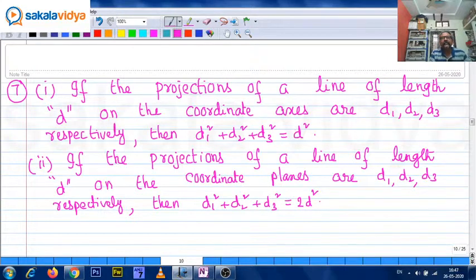In the examination, this length d will be given and you are asked to find d1 square plus d2 square plus d3 square. But we need to remember whether it is projections on the coordinate axis or on the coordinate planes. This is important, so you need to concentrate on this one. Coordinate axis means simply d square you will get. Coordinate planes means 2 times d square you will get. That you need to remember in the examination.